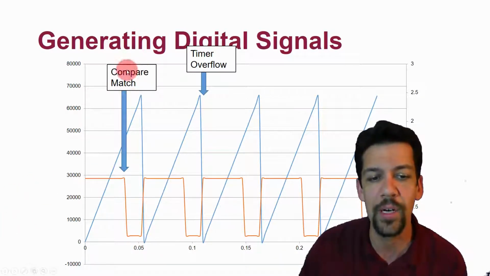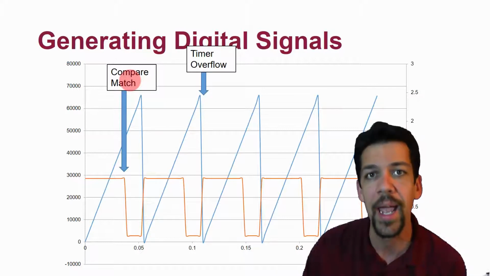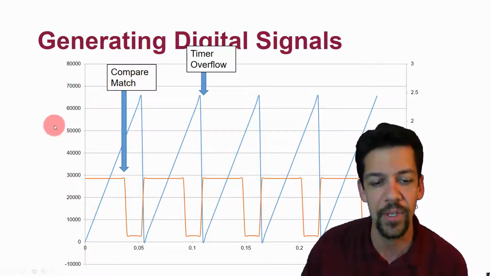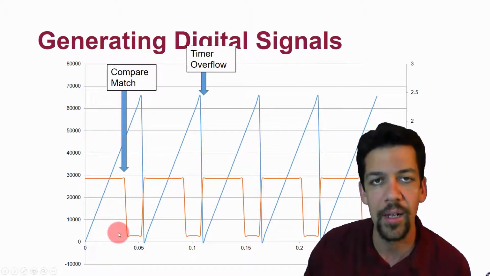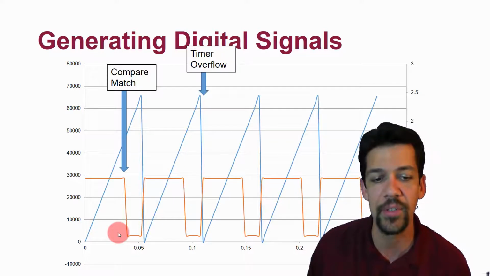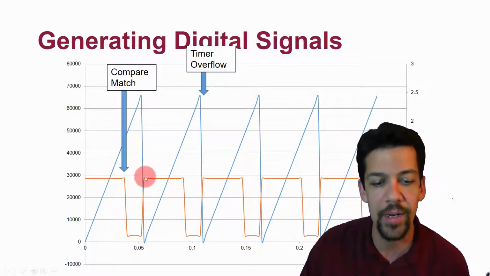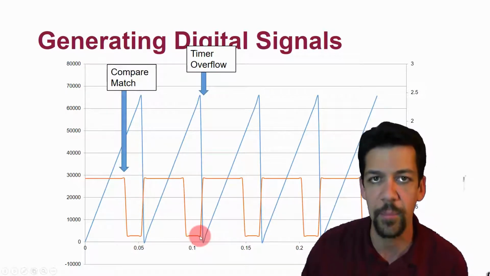Then we can also do a compare match, and we're going to use one of the channels of the timer to do the compare match. It has its own comparator, and it'll post a new event that allows us to transition the signal from 1 to 0 somewhere during the period of the timer. And that allows us to do 2 events, one that resets or gives us a rising edge, and another one that gives us a falling edge and takes us back down to 0.